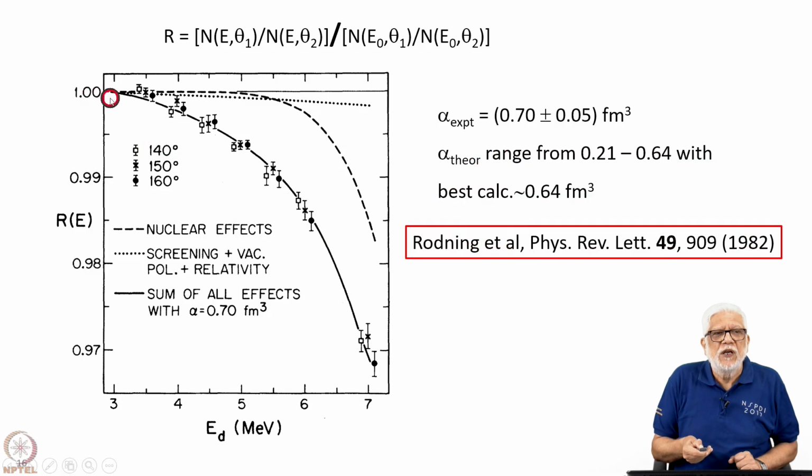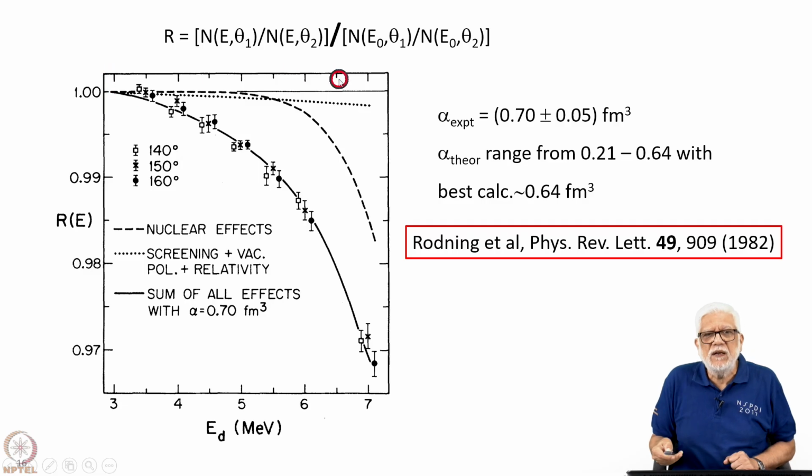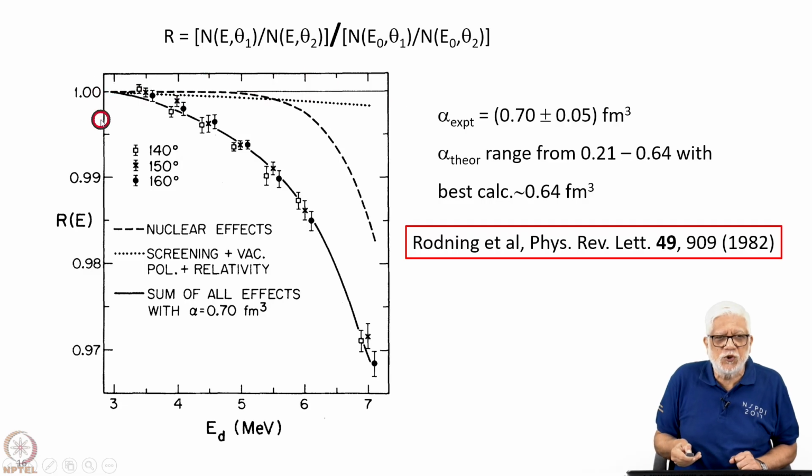reference. So, this ratio, which is just N of E of theta 1 divided by N of E of theta 2, is a backward to forward ratio that you can plot, and this should be 1 if there is no dipole polarizability, or if dipole polarizability is equal to 0. In fact, they measured this, and this is a pretty large effect.